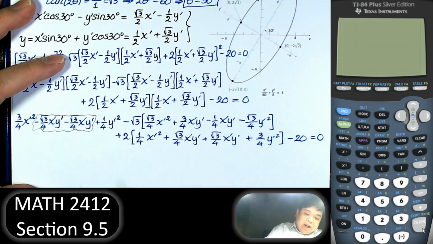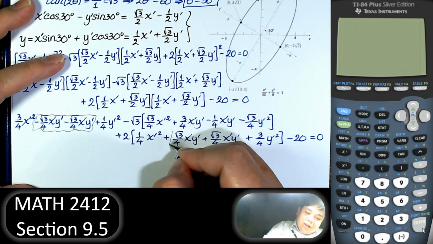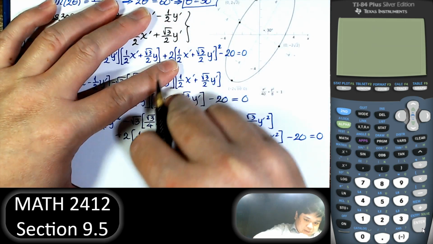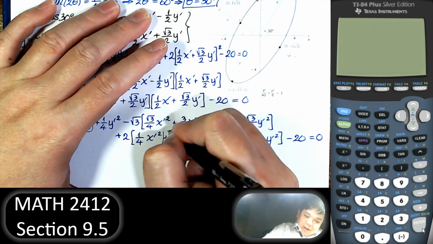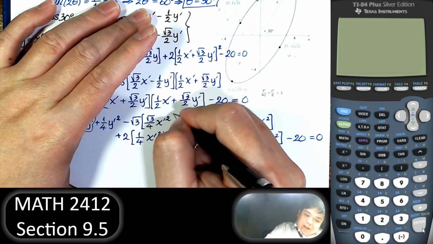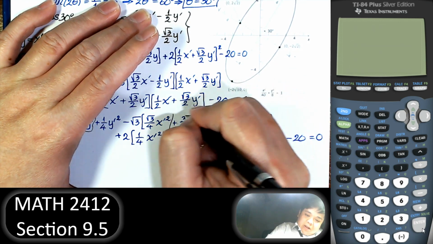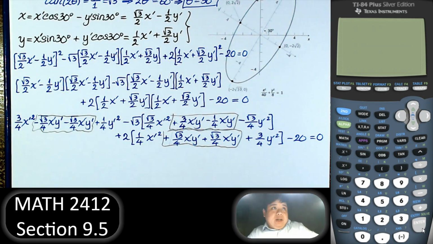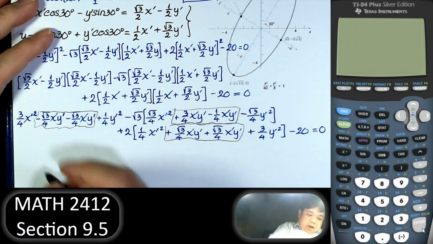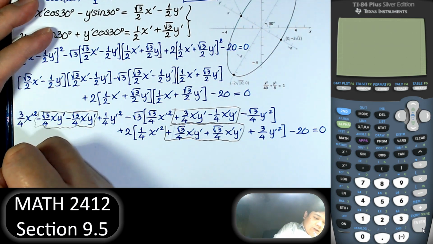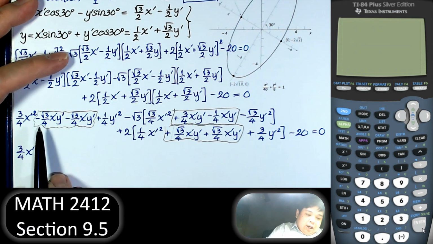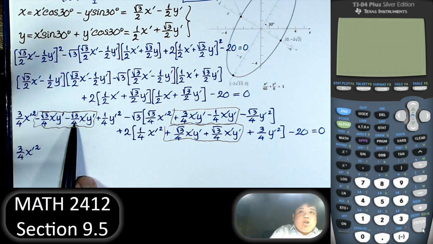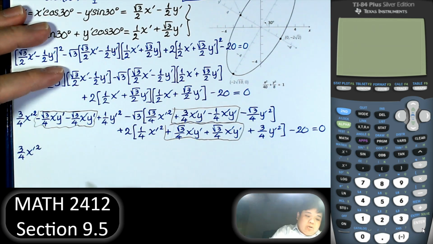Right. Now, notice that the middle terms are the same, so we can combine the middle terms here. We can combine, and then the other terms. Now we have 3 over 4 x prime squared. Square root of 3 and square root of 3 make 2 square root of 3 over 4, 2 and 4 cancel out.